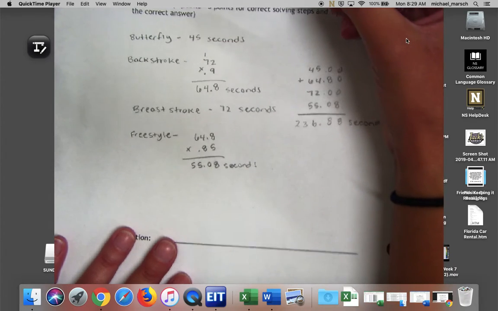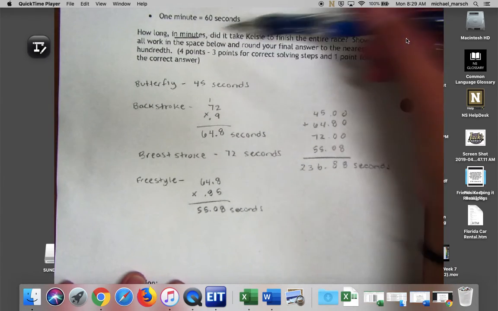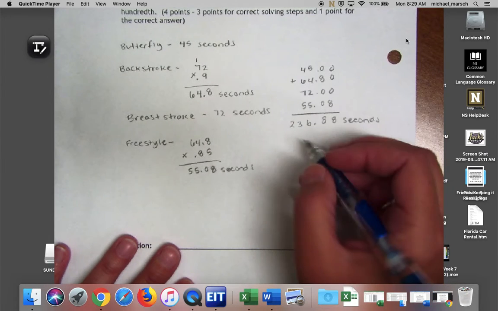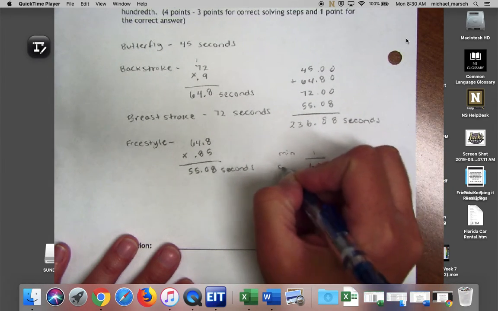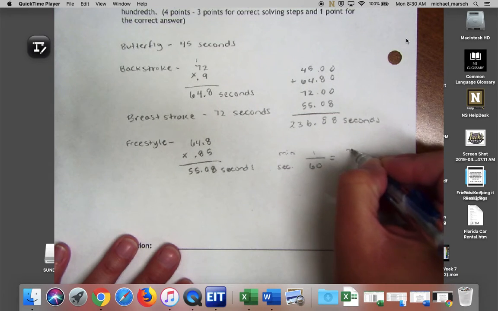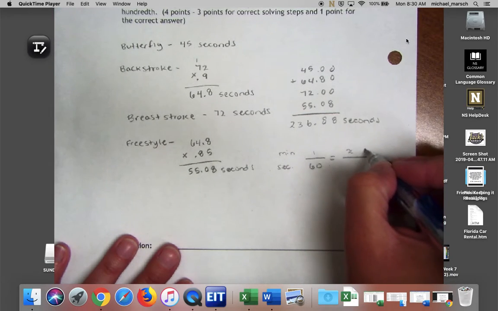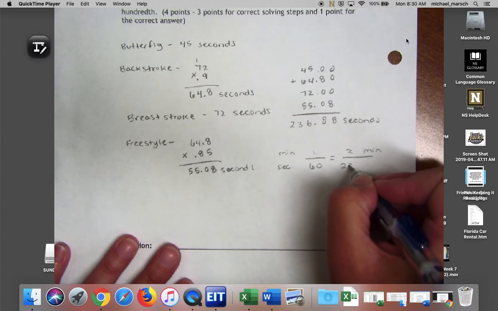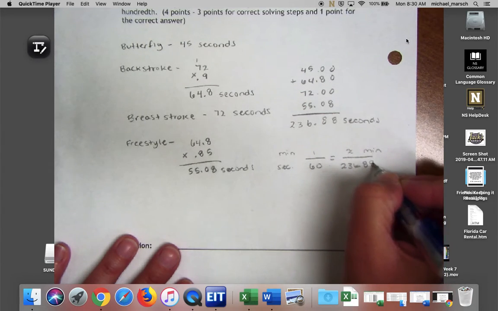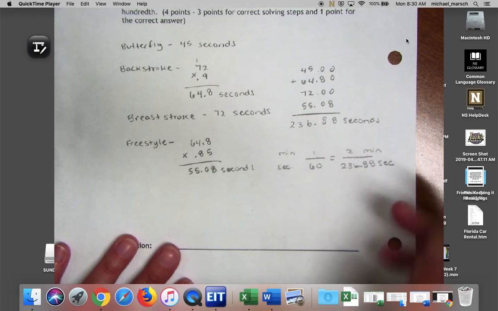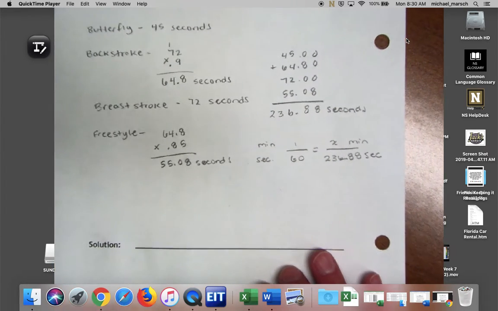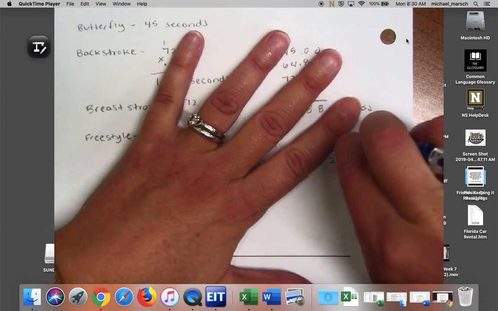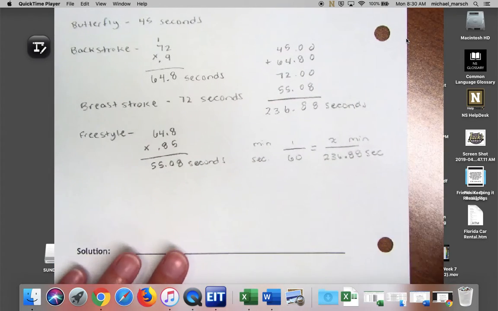And it asks for how many minutes. Okay, so now I'm going to use this conversion. And we know 1 minute equals 60 seconds. So how many minutes in 236.88 seconds? This kind of looks sloppy right here. 236.88.